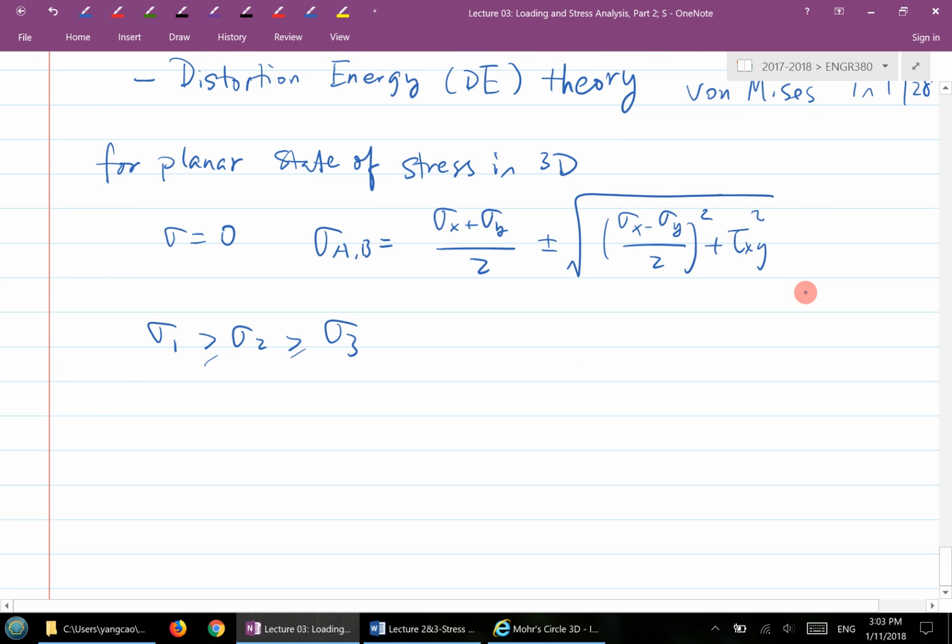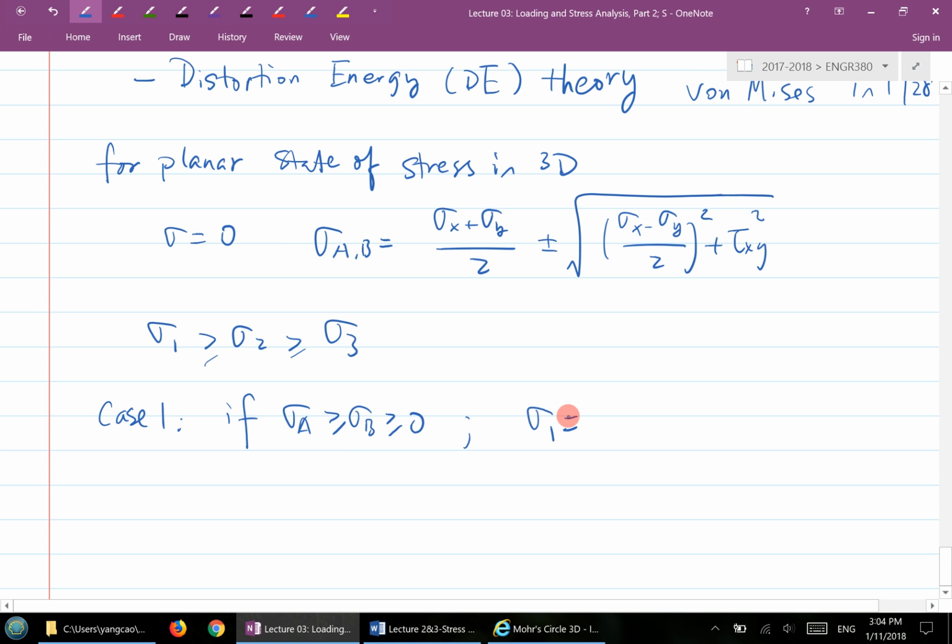So that naturally brings us to three different cases. For a particular state of stress, you plug in sigma x, sigma y, and you'll be able to get sigma A and sigma B. Then here are the three cases. If sigma A is greater than sigma B greater than 0, that's one possibility, so both of these values are greater than 0.